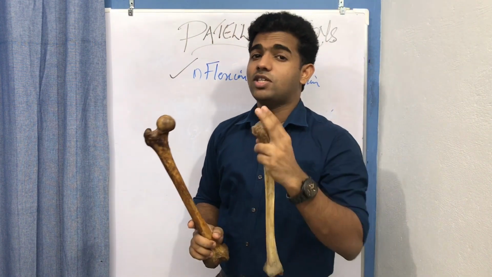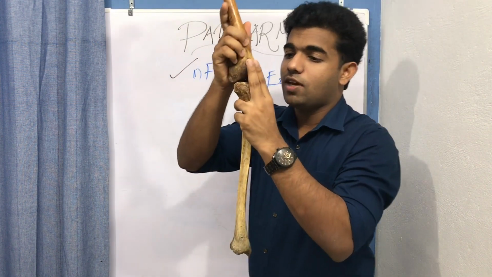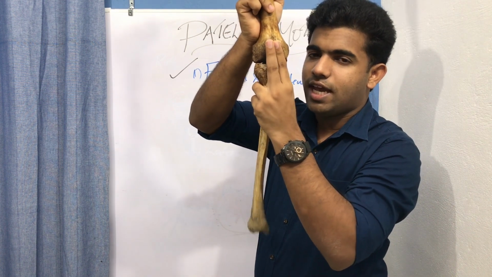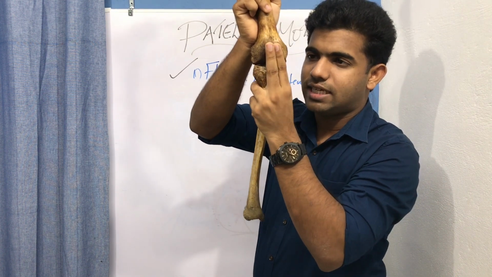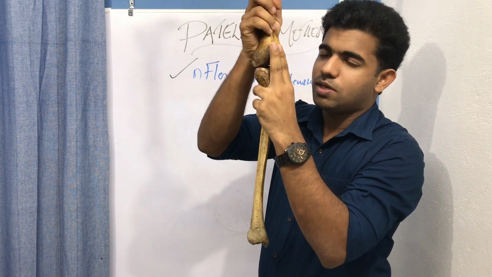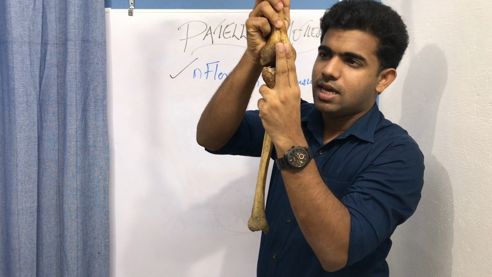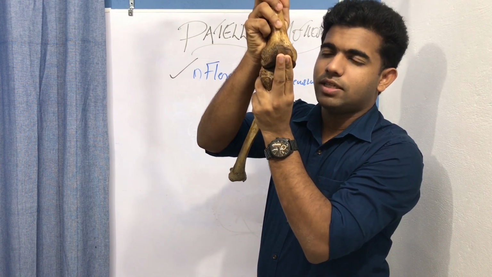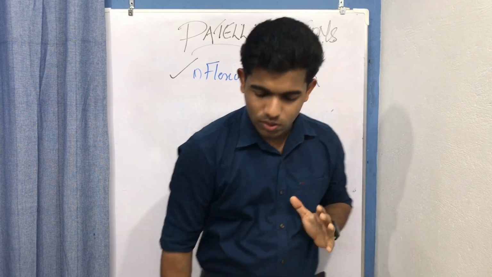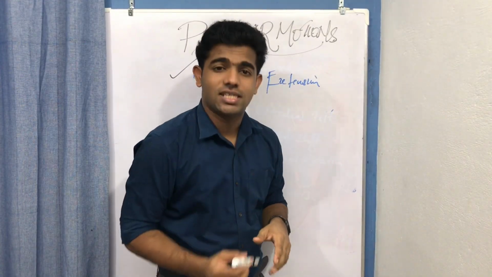And in which direction is the tibia flexing? It is going inferiorly. So this is the base of the patella, okay? Imagine what is happening to the base of the patella. The base of the patella is coming down. That means the patella is tracked down.